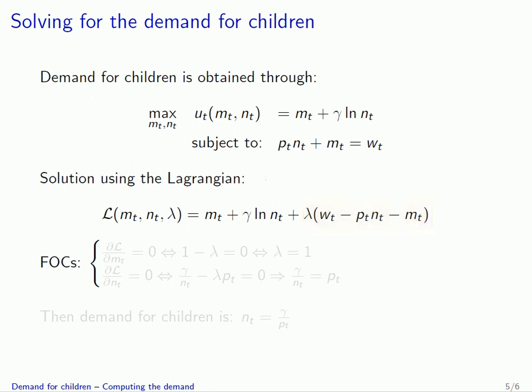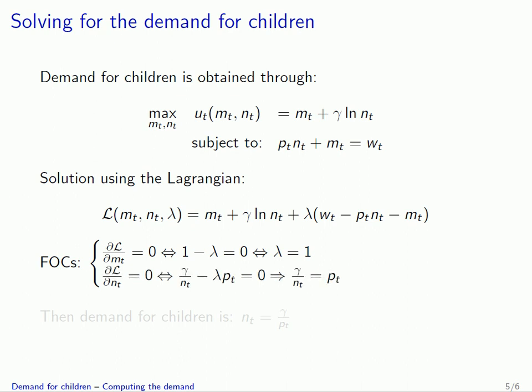When we solve using the Lagrangian method, we need to write the two first order conditions with respect to the two choice variables. So first I write the first order condition with respect to MT, so dL over dMT is equal to 0, which is equivalent to 1 minus lambda equals 0, or lambda, the Lagrange multiplier, is equal to 1.